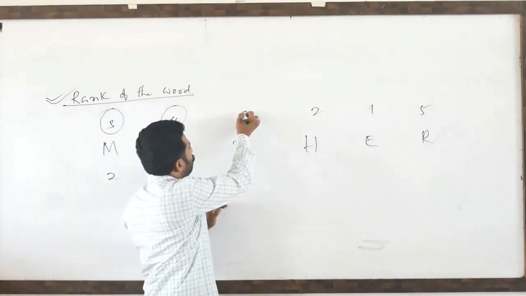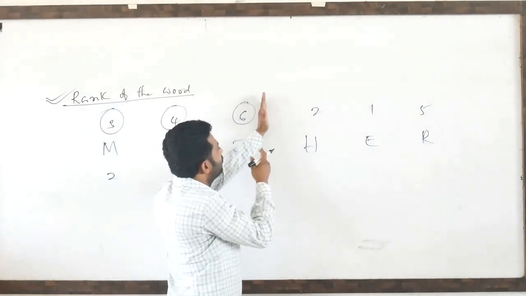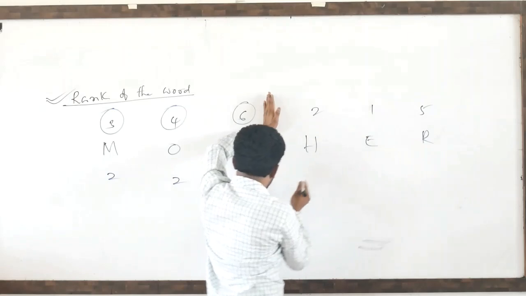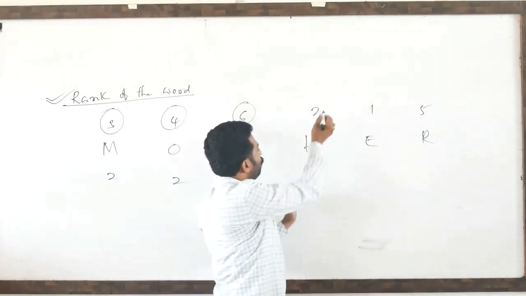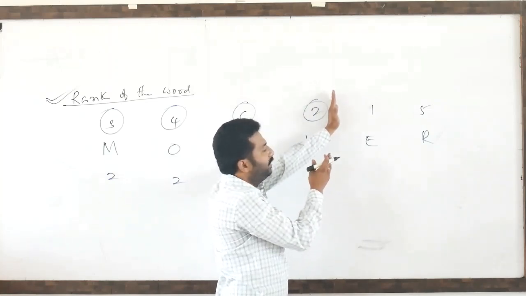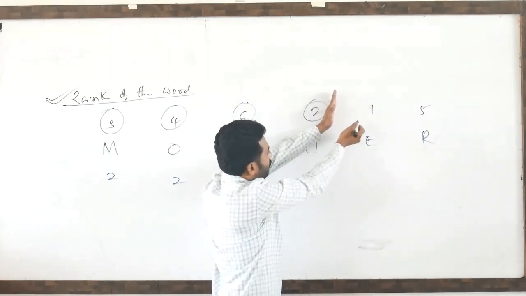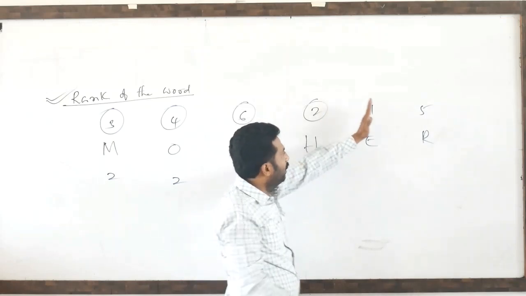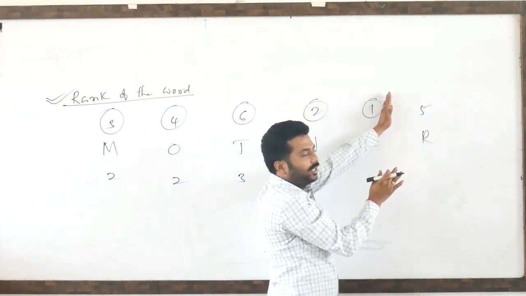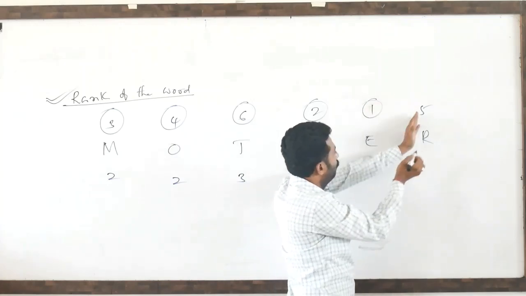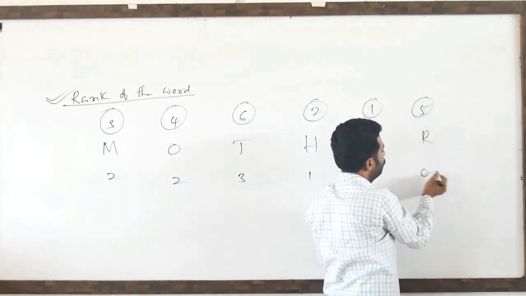Next, you choose 6. Any digit less than 6? 1, 2, 3. So you write 3 here. Next, you choose 2. Any digit less than 2 towards its right side? 1 is there, 1 digit. Next, you choose 1. Towards its right side, no digit is less than 1, that is 0. Then 5 you choose, this is 0.